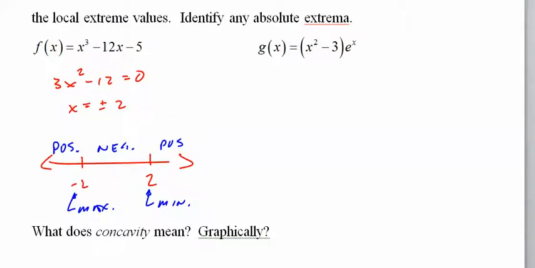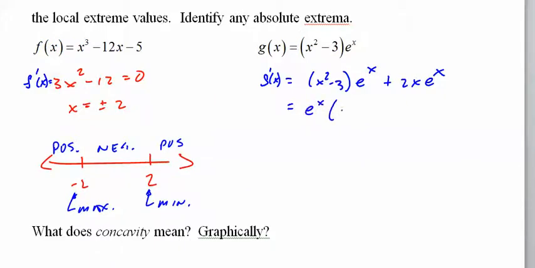What about on the other one? A little trickier. The derivative is x squared minus 3 times e to the x plus 2x times e to the x, which is, we factor out the e to the x, x squared plus 2x minus 3.